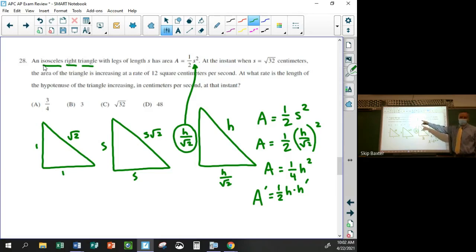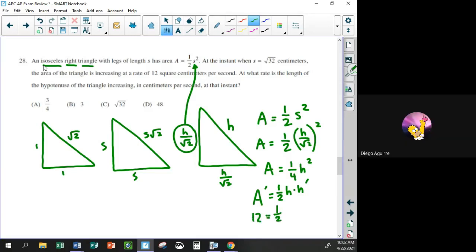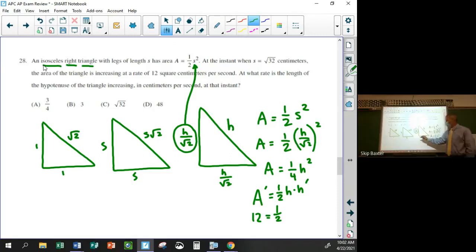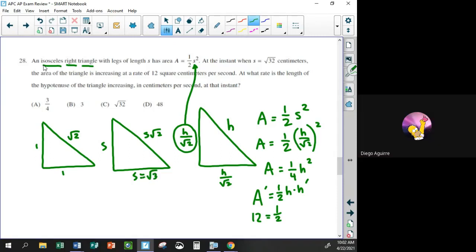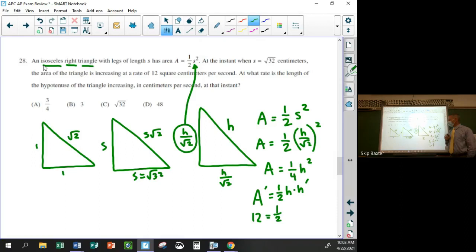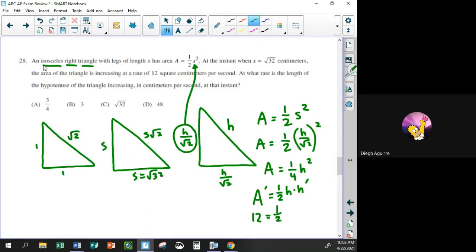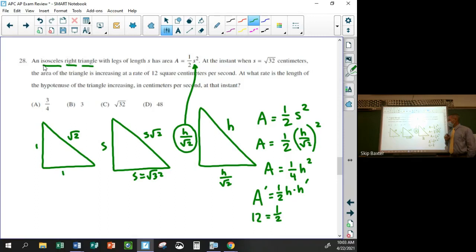They tell us in the problem it's 12. And then we know that since H is really just, we can take radical 32 and set it equal to H over radical 2, right? Okay. Yeah. To solve for h, and then just plug that in. So what does h end up being?